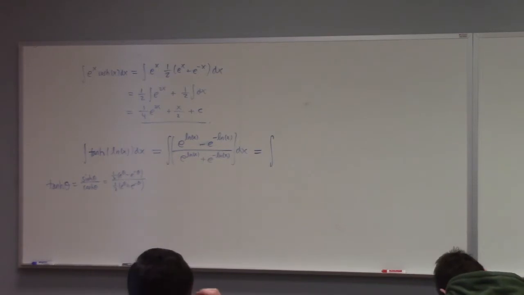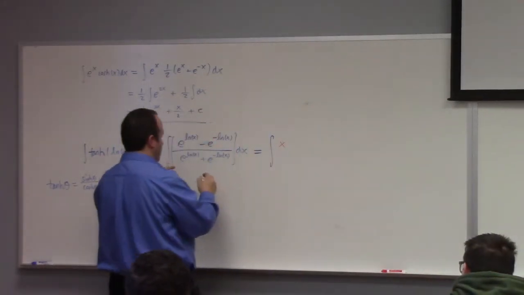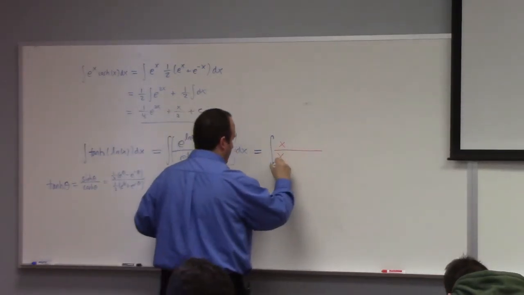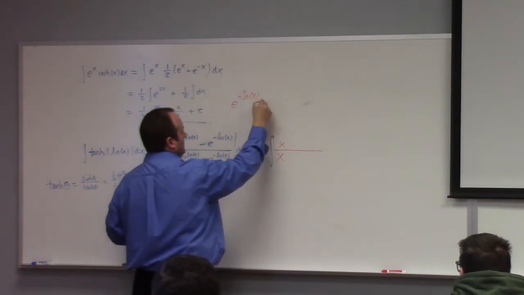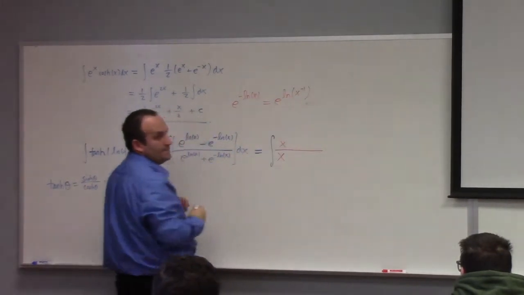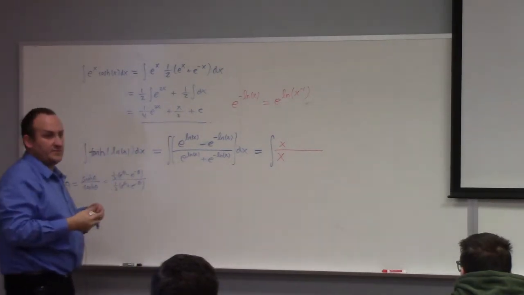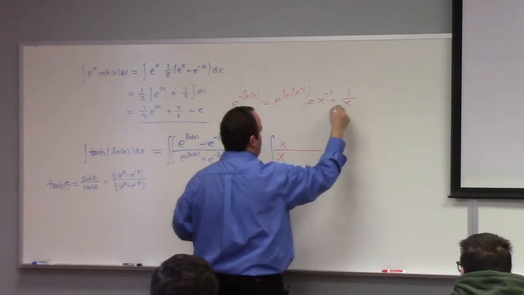Look, so e to the log x is x. What is e to the minus log of x? That's equal to e to the log of x to the minus 1, which is what? X to the minus 1, also known as 1 over x.